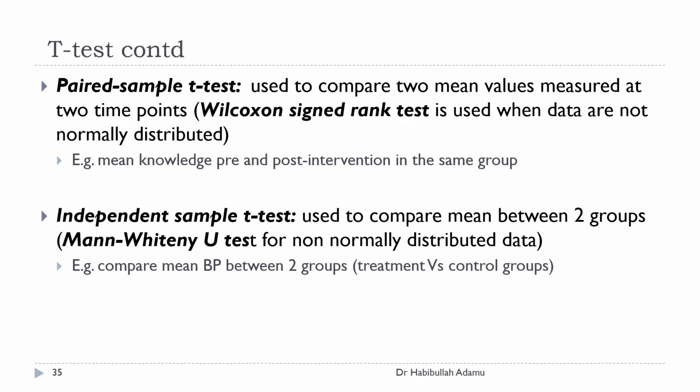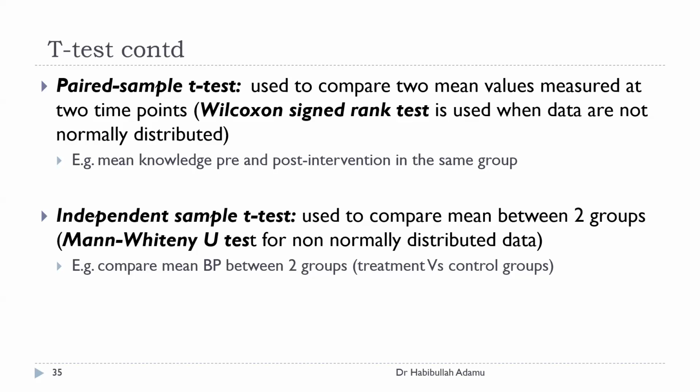That is the one that will allow you to compare mean values of paired samples when the distribution is skewed. For independent t-test, the counterpart is Mann-Whitney U. You want to use an independent t-test to compare mean values coming from two independent samples. You realize, oh, the data is skewed.